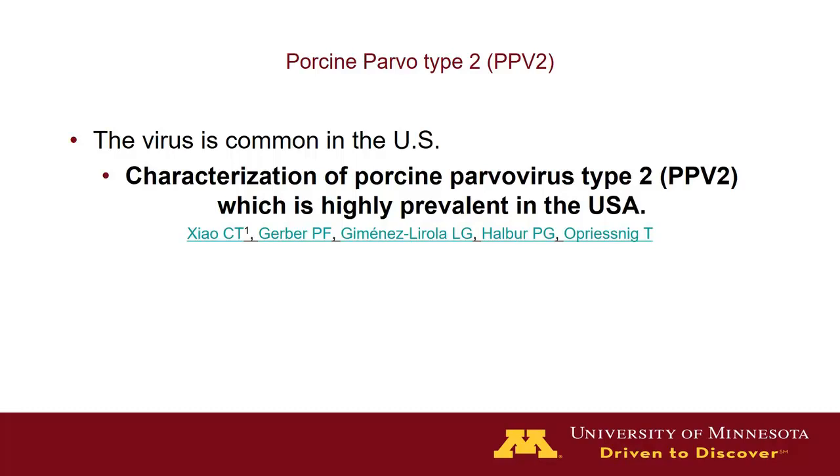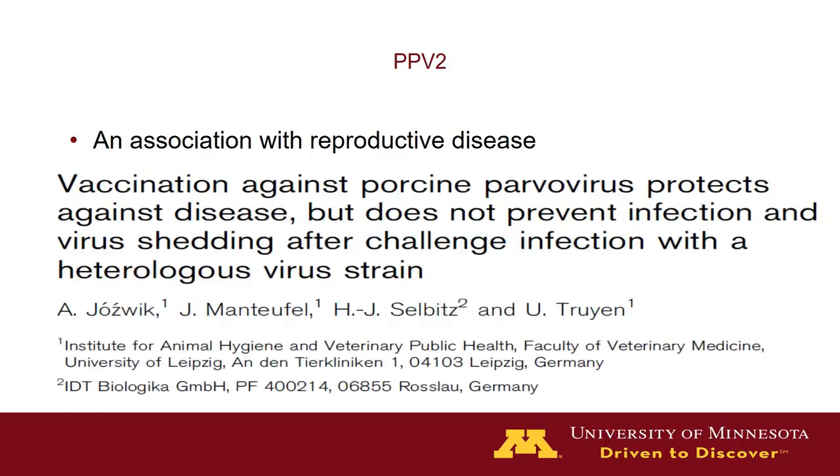Parvoviruses have a long family history of being important, and with that type of history and something that's apparently common, I thought it worthwhile that we looked into this further.